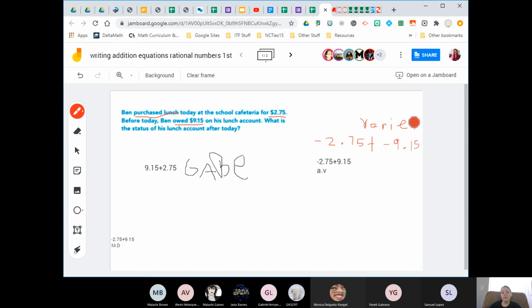So if he already owed that money, that would be a negative balance in his account. So Yariel's equation is correct. We started with a negative 915 and then subtract or added another negative 275 to it. So let's go ahead and adjust our equations to reflect that both numbers are negative.